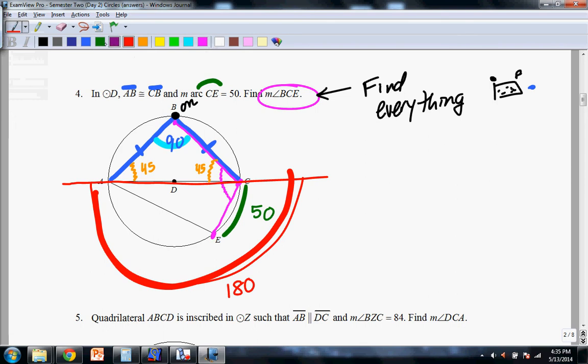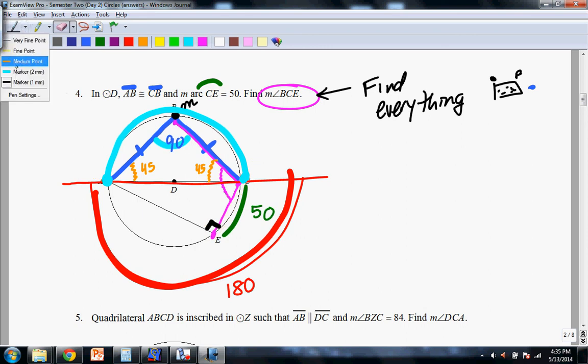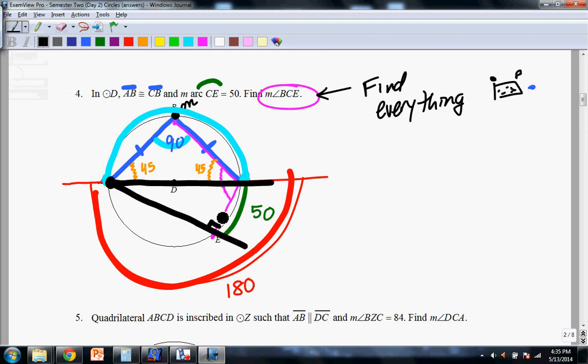This angle going this way, if you look carefully, it's grabbing 180 degrees this way, which means back here, that's also 90. Next, I have another inscribed angle right here, reaching out and grabbing the 50.